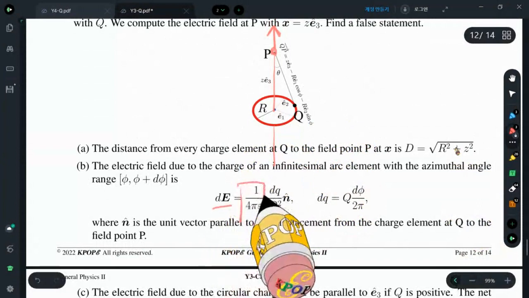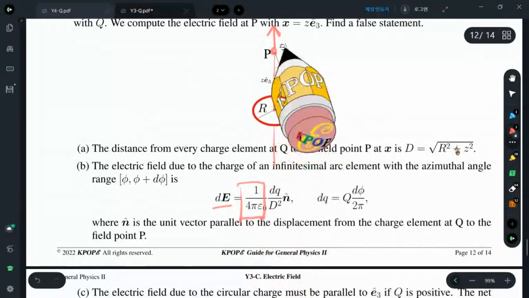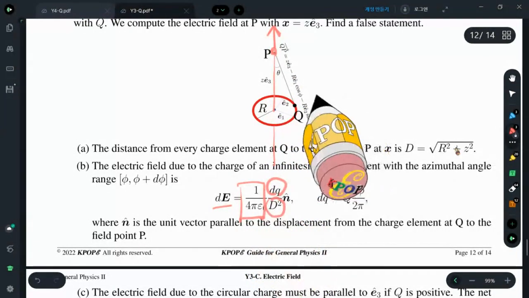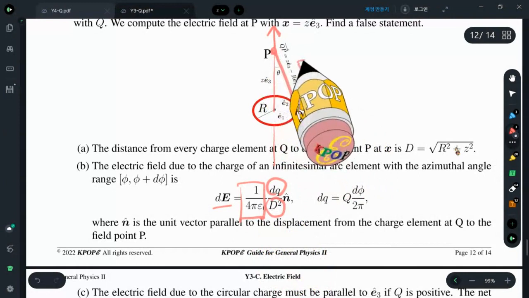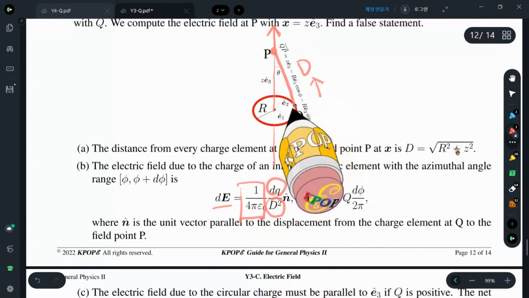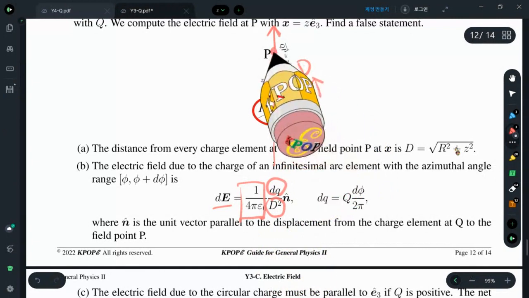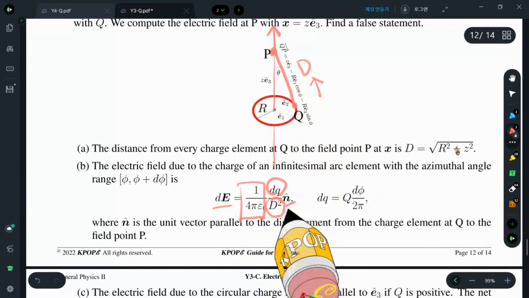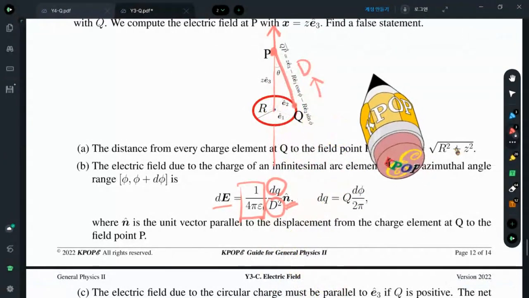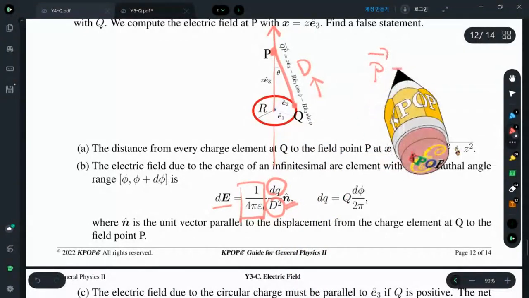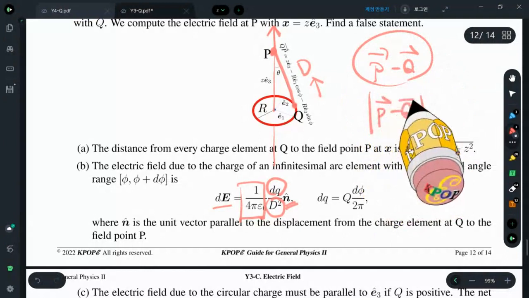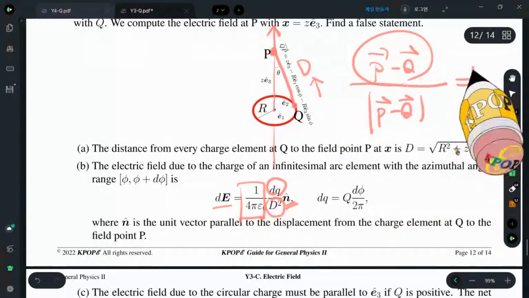Electric field over a factor, charge, distance squared, and the distance is this distance. And the direction must be from the charge to the field point. This n is the unit vector parallel to this one. So you need to compute the vector p minus q and divide it by its own magnitude to find n hat.